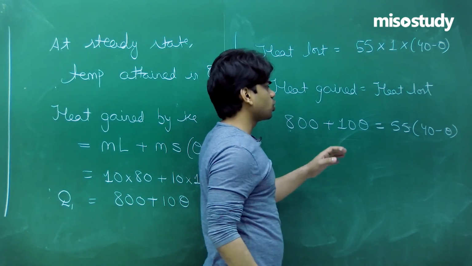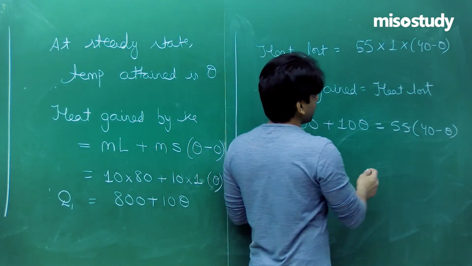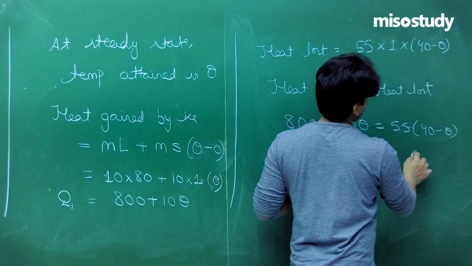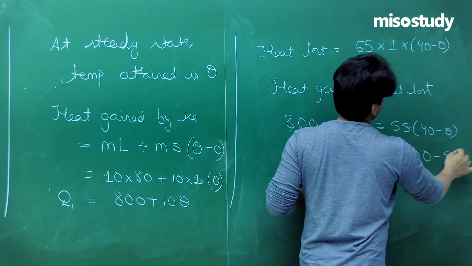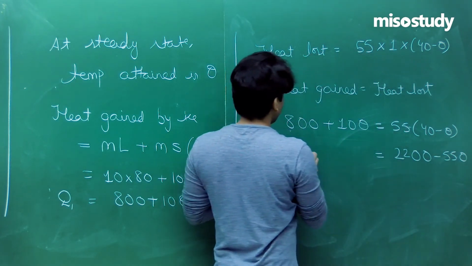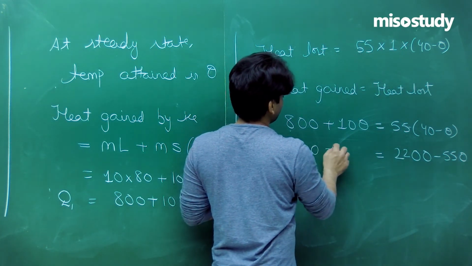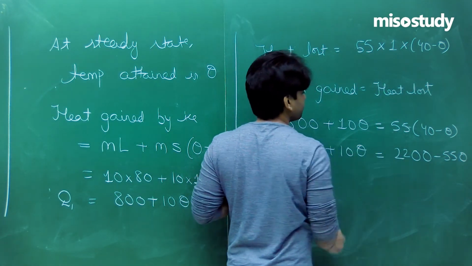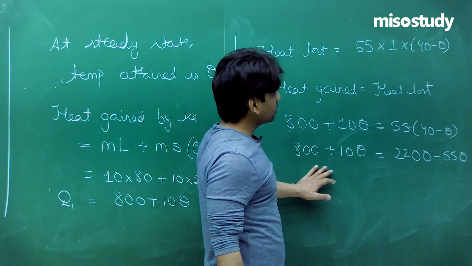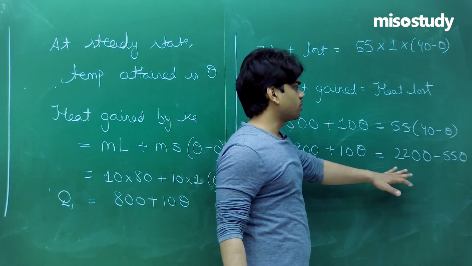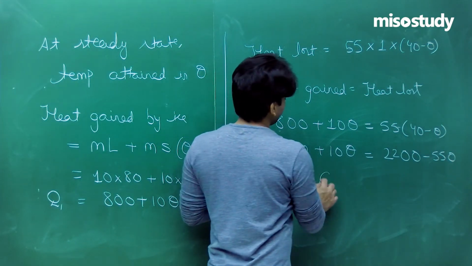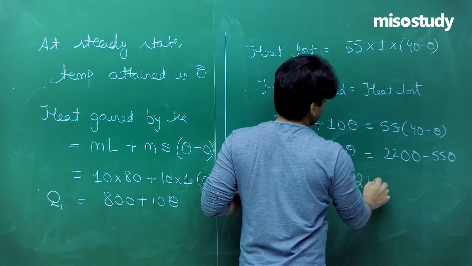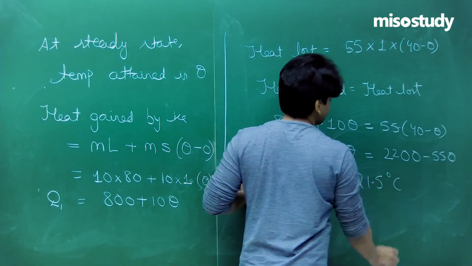Clearly you can solve this, it's not a big problem. 55 into 40 will come 2200 minus 55 theta, equal to 800 plus 10 theta. The calculation is not too tough. After solving, theta will be 21.5 degrees Celsius.